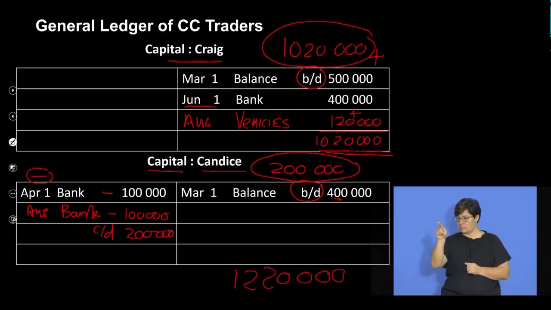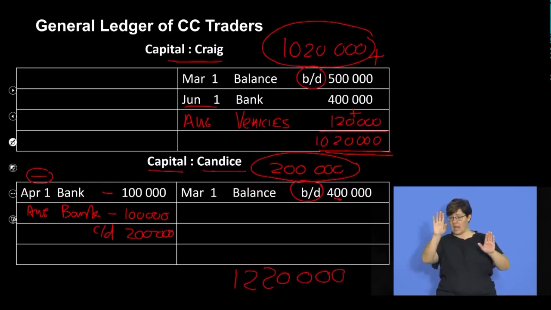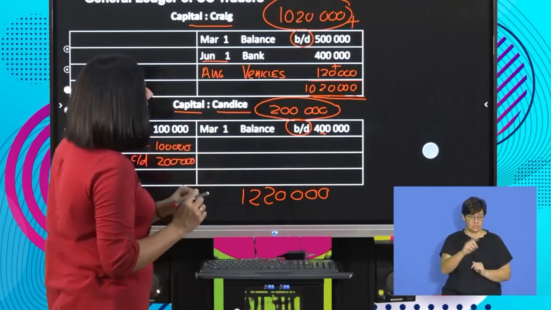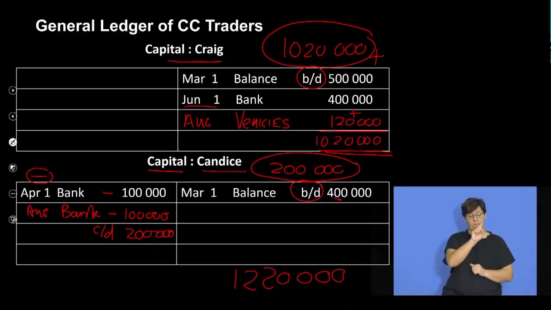All I've done is taken Craig's capital and added on Candace's capital. If we're going to calculate Craig's percentage, all we're doing is taking 1,020,000 and dividing this by the total capital contributed.